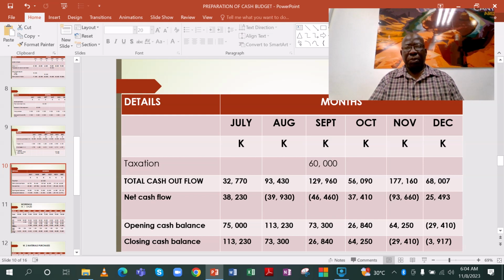That's what you get. The next in the template is for you to decide what is the amount of net cash flow. The net cash flow is obtained by finding the difference between total cash inflow and the total cash outflow.